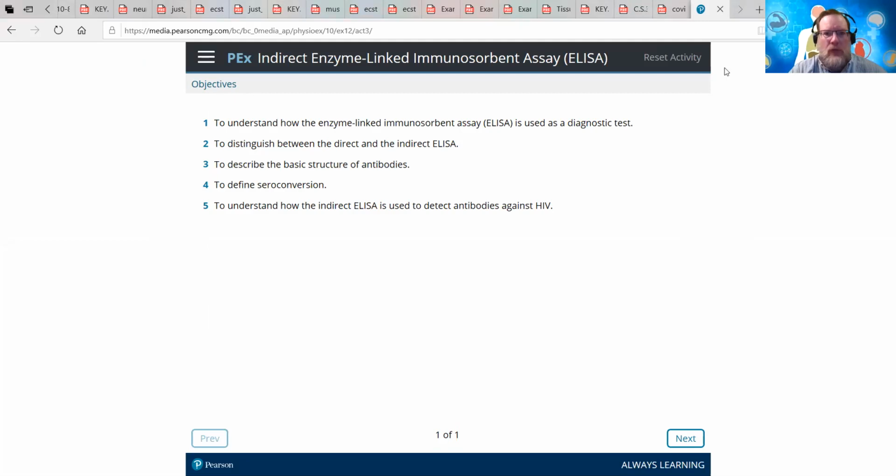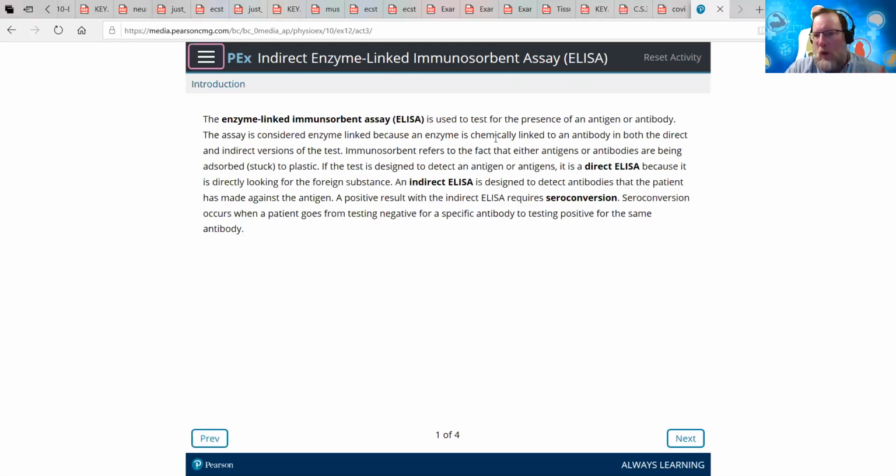All right, so again, this is PhysioEx exercise 12, activity 3, indirect enzyme-linked immunosorbent assay. So that's a mouthful. That's why we call it the ELISA. The first section goes through and talks about why we use it.